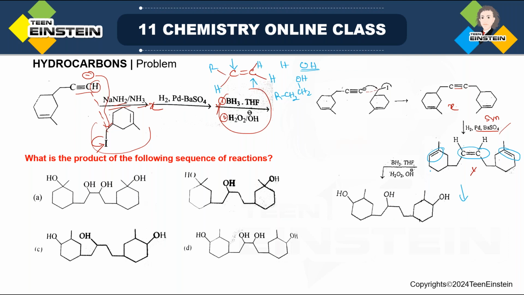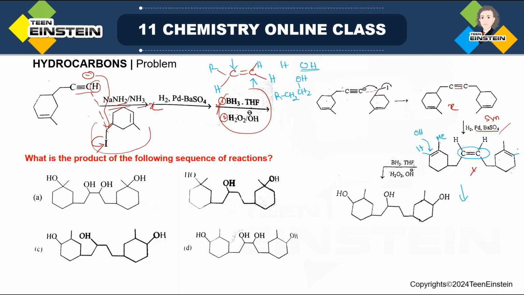Now, if you look at the left hand side and right hand side ring, this is unsymmetrical, isn't it? Here you have hydrogen, here you have methyl. That means if it is anti-Markovnikov, OH will be added to this carbon because it contains more hydrogen.